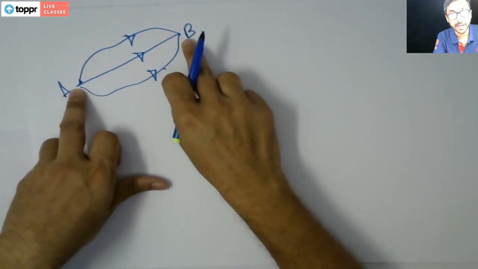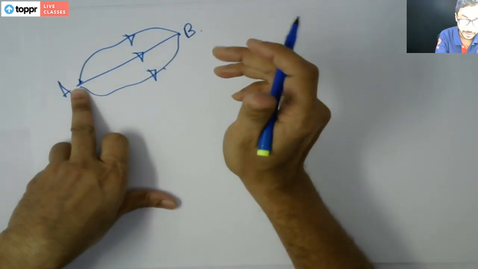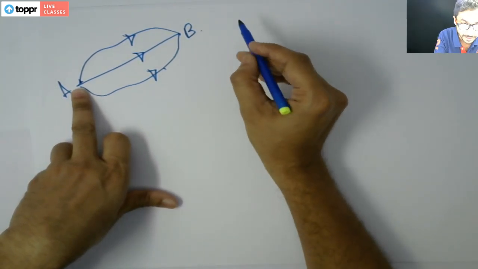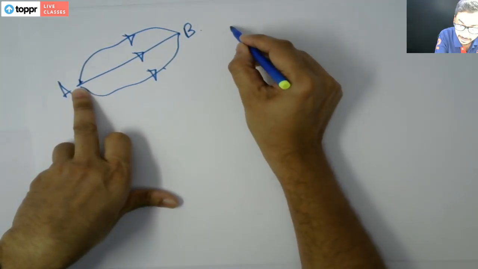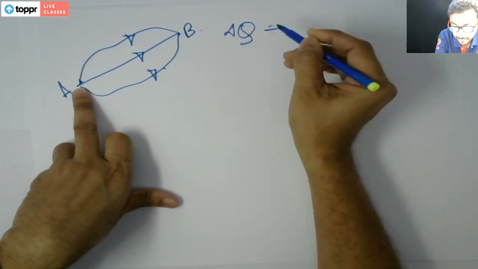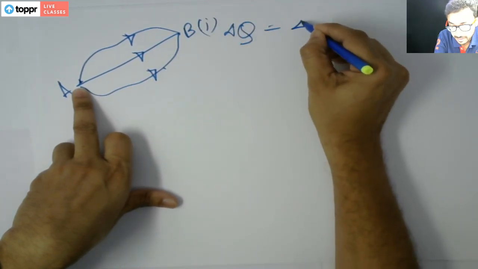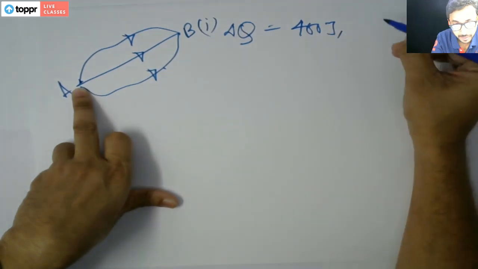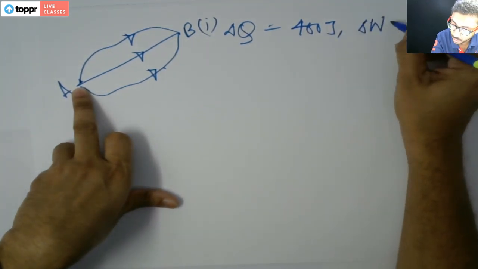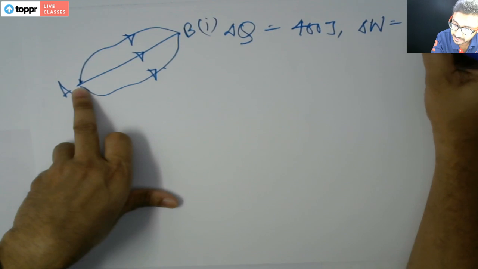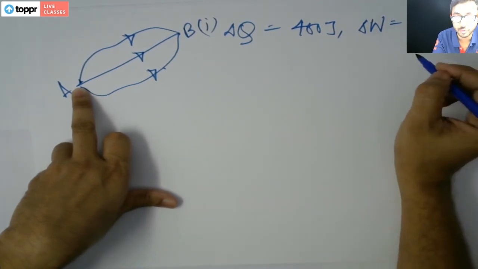Say two states of a gas, A and B. Initially, the heat given is 400 joules, and the work done is 100 joules.